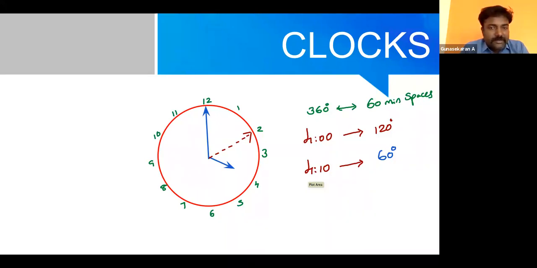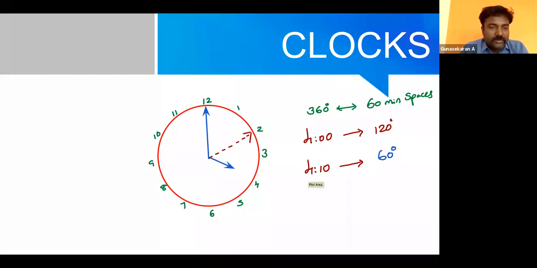In 10 minutes, the minute hand is moving from 12 to 2. So because of that, 60 degrees it is getting reduced, right? What about the hour hand? Till 4:59, it will show 4 o'clock, and immediately at 5 o'clock, it will go to 5. Is that correct?